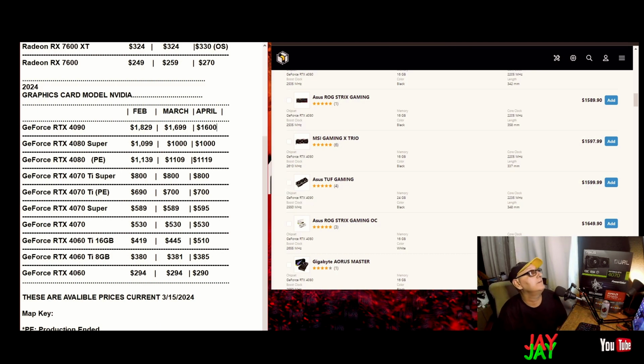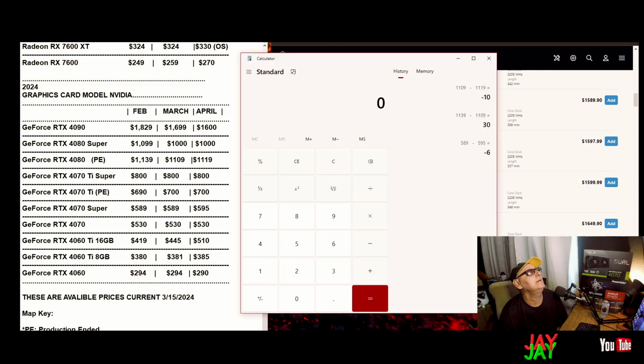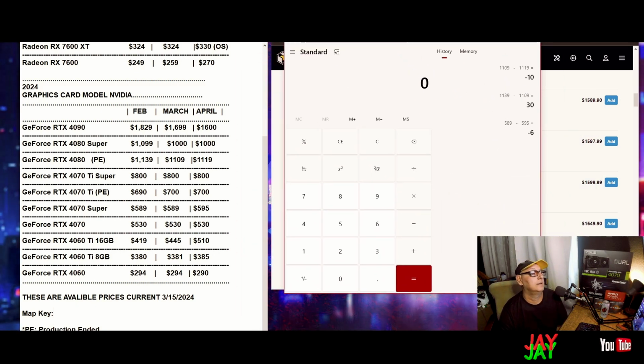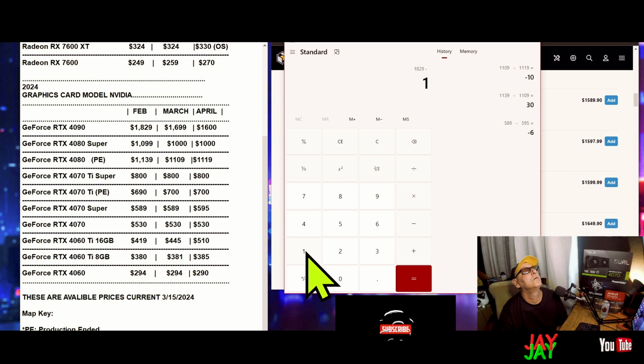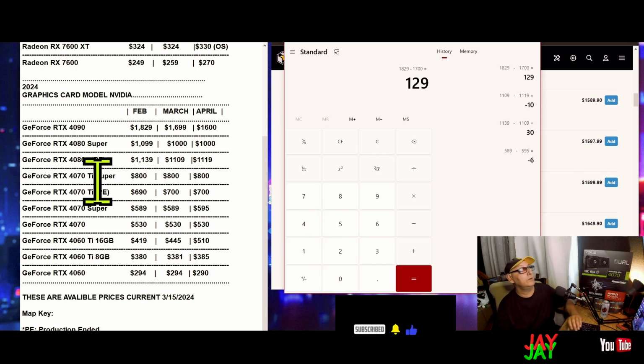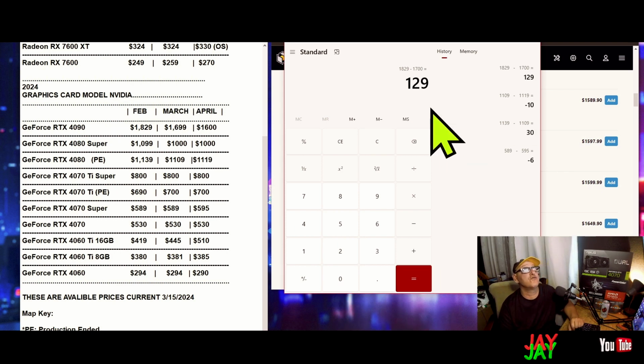So going on the calculator again. From February to March, we're going 1829 minus $1,700 equals. So from February to March, it dropped $129.